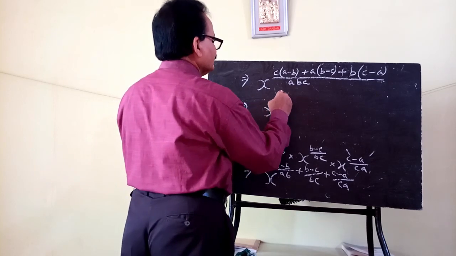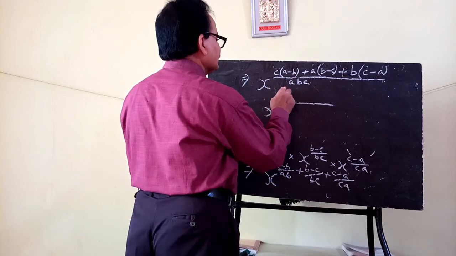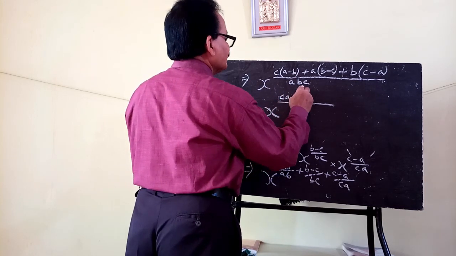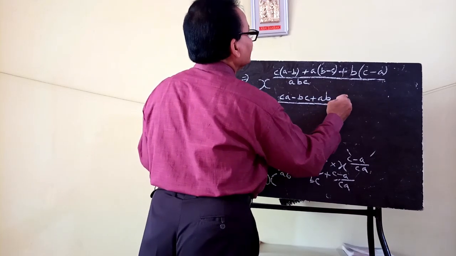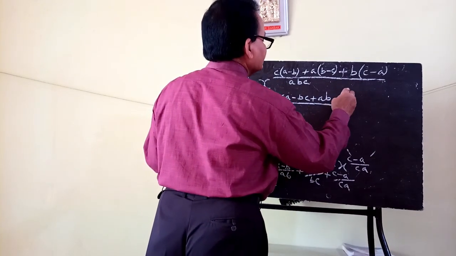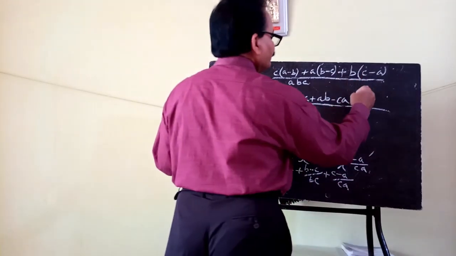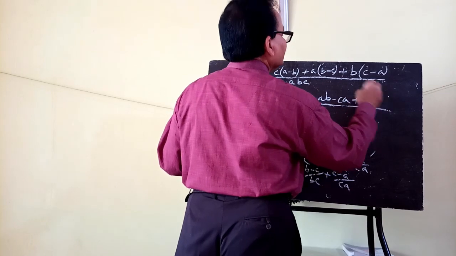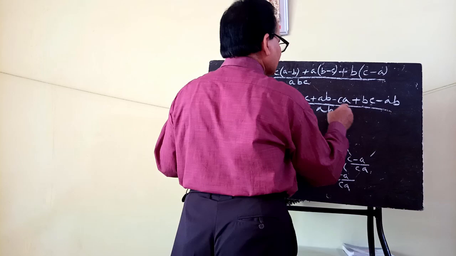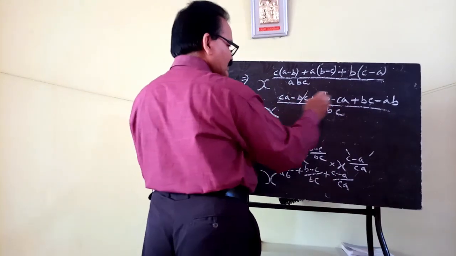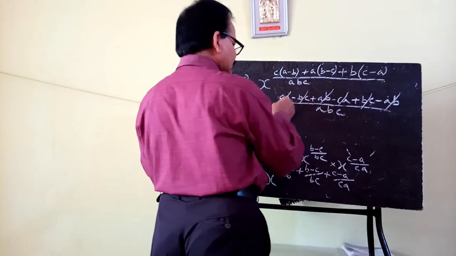After that you have to open the bracket of the numerator of your power. So this is ca minus bc plus ab minus ca, then plus bc minus ab, over abc. What will happen? bc cancels, ab cancels and ca cancels.